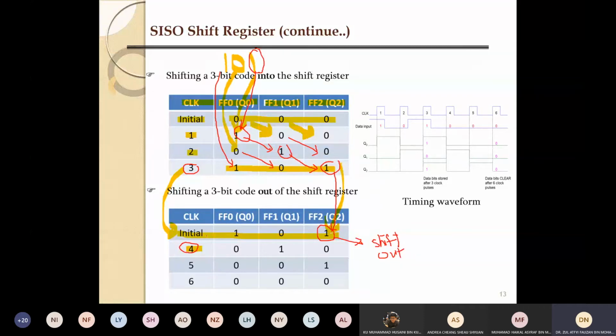Then this 0 shifts here, and this 1 shifts here. This 0 comes from the assumption that nothing happens, or we don't have other data to input, so we assume it is 0 data.